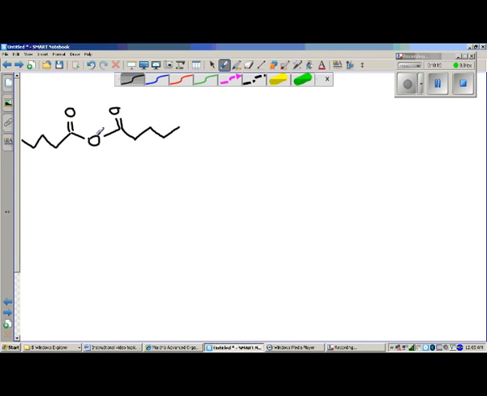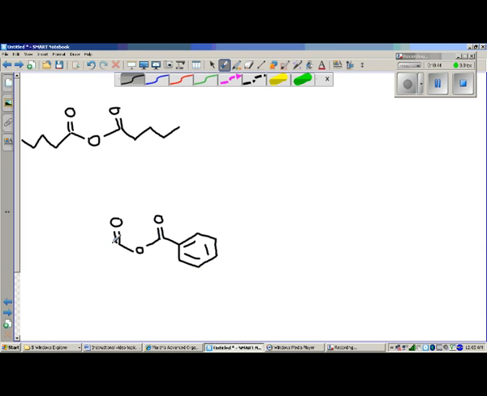And you can have 2 situations for anhydrides like this. You can have ones that are symmetrical, or you can have those that are unsymmetrical. So let's do an example of each. Both of them have the anhydride central functional group. And let me put a benzene here.